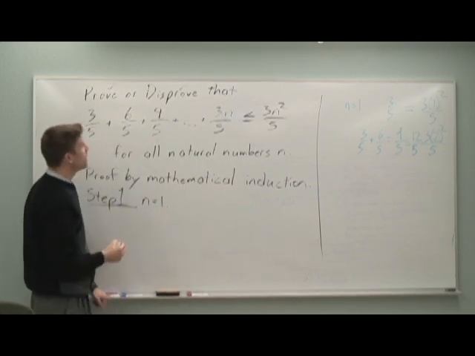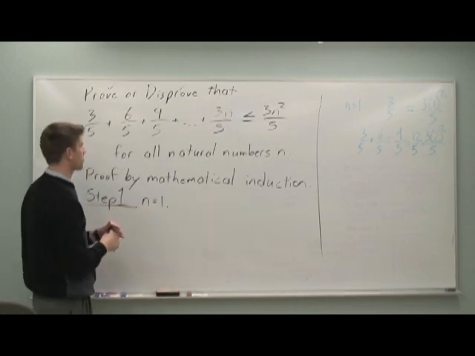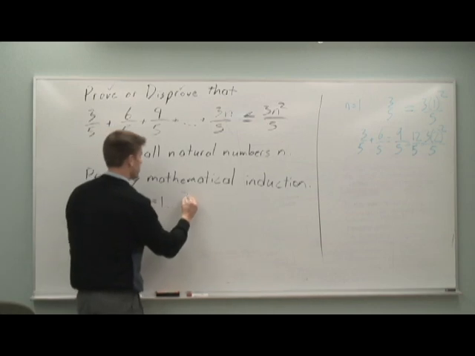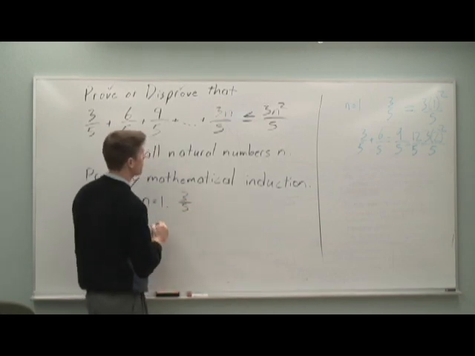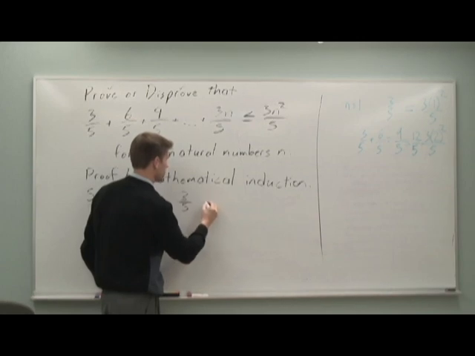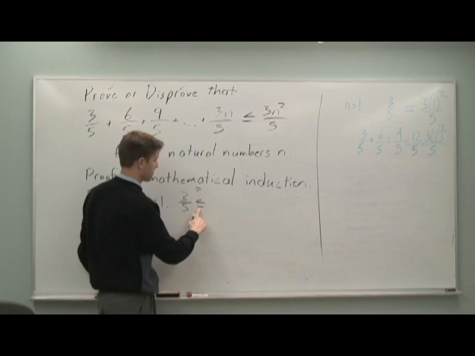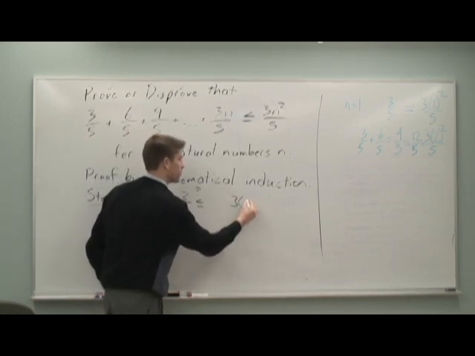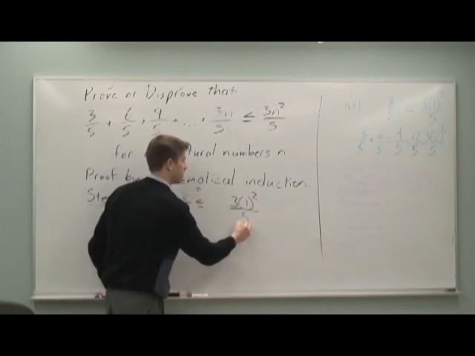So, to begin with, and we've done that in our scratch work, if n equals 1, the left side is 3/5. And then I want to say, is that less than or equal to, so this is the thing that's in doubt, 3 times 1 squared over 5?